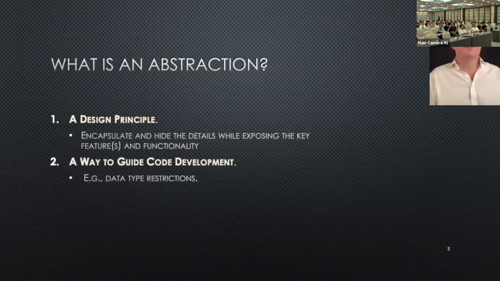An abstraction like a type system allows you to prevent errors by stopping you from misusing data of the wrong data type. So it's a kind of guiding principle that allows you to write correct software.